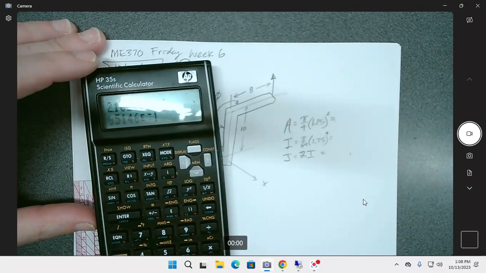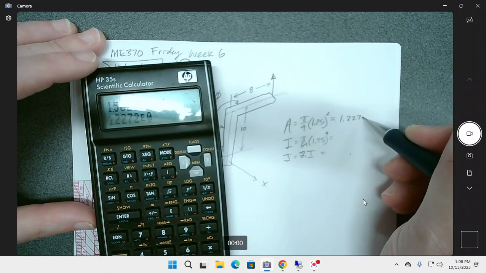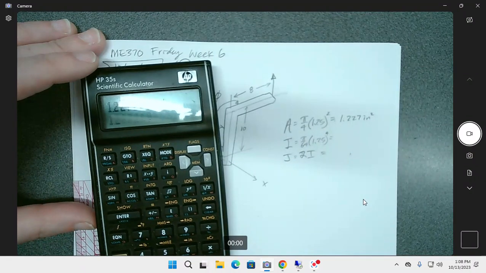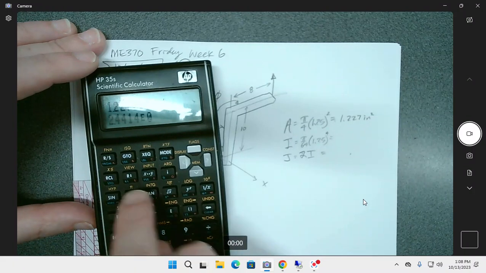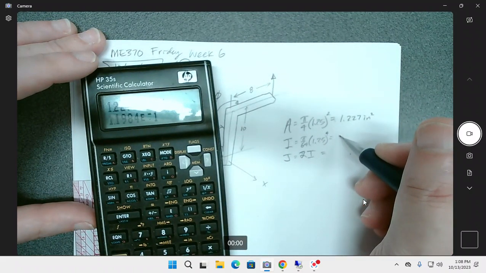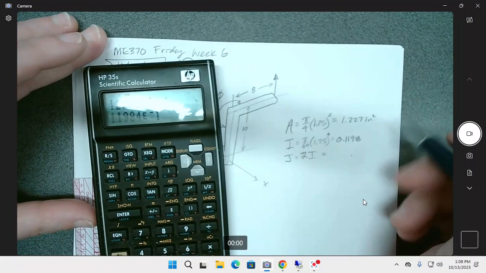Kaboom! 1.25 squared, times pi, divided by 4, we get 1.2272. And then 1.25 to the fourth, times pi, divided by 64. That doesn't seem right. There, all right. 1198.